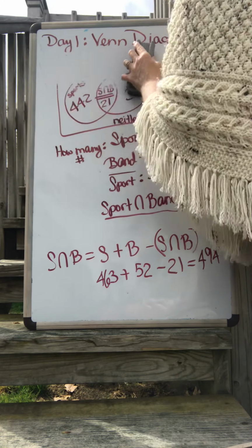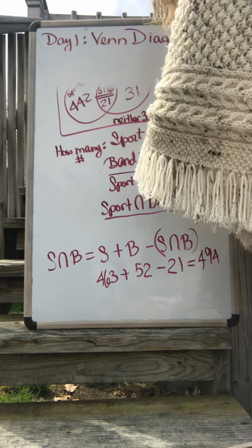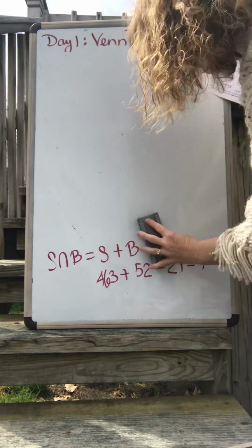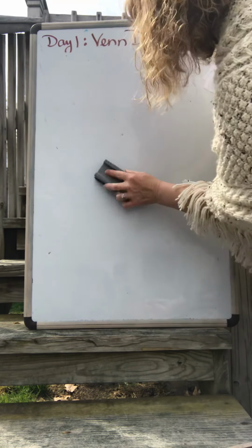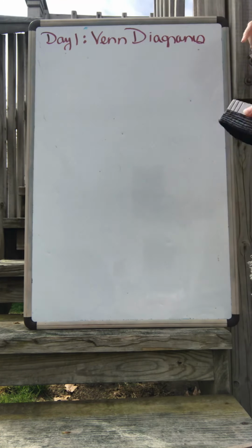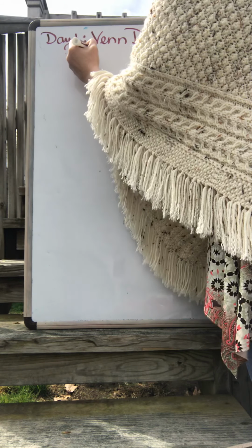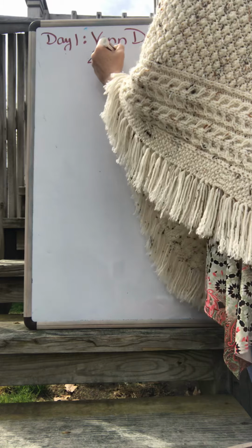So Venn diagrams can be translated into what we call a two-way table. The numbers are going to be the same, but of course it's going to look a little different. So let's talk now about two-way tables.